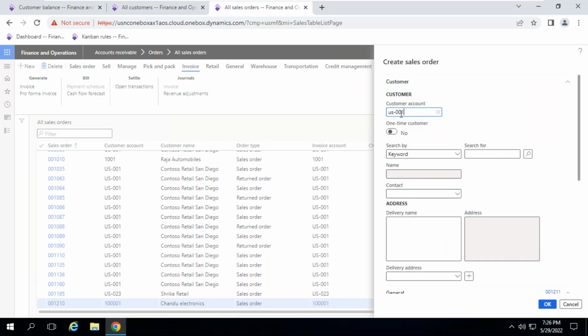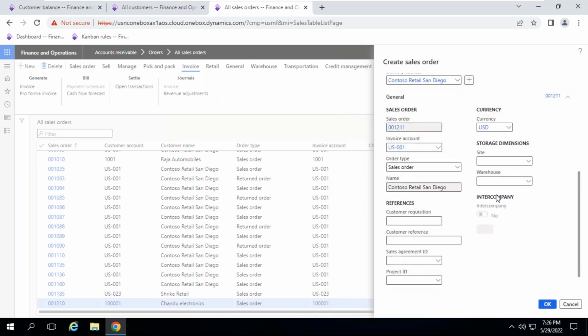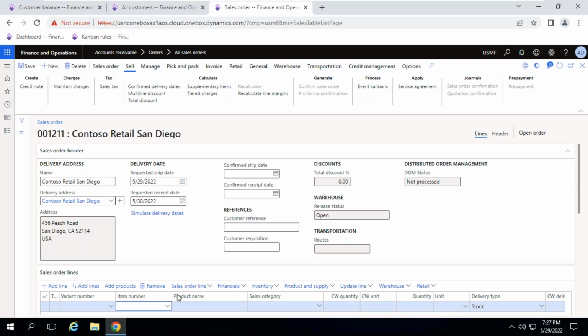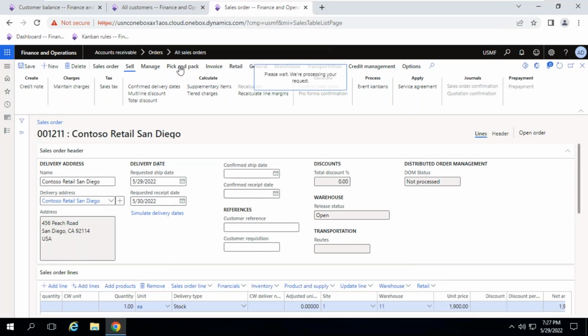Yes, 001. Site and warehouse. Click OK. Select the item. Now I am doing confirmation.